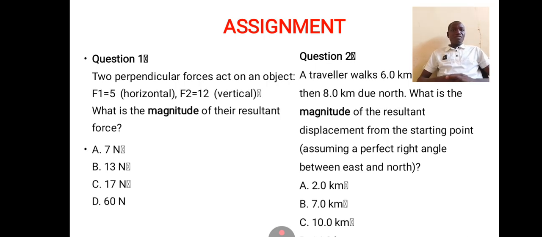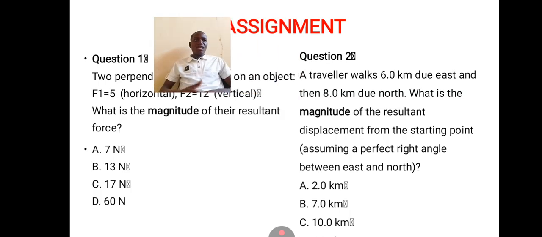F1 is 5 Newton, horizontal, and F2 is 12 Newton, vertical. What is the magnitude of their resultant force? That's the first question. So work it out and get the correct answer for me.